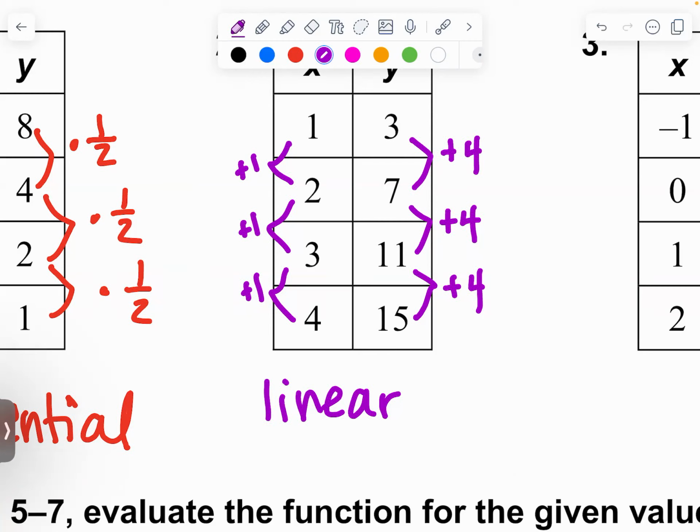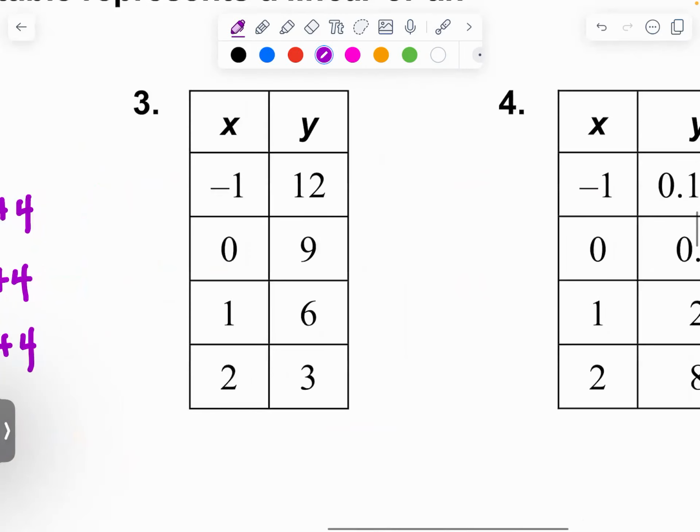Well, it's minus 3, minus 3, minus 3. But that one's going down and that one's going up. Well, this was multiply by 1/2, multiply by 1/2, multiply by 1/2. It's not about going down or up. It's about how it's going down.